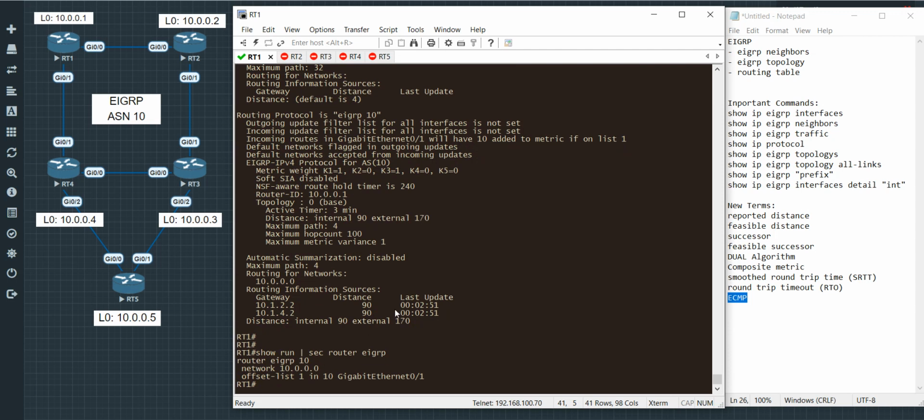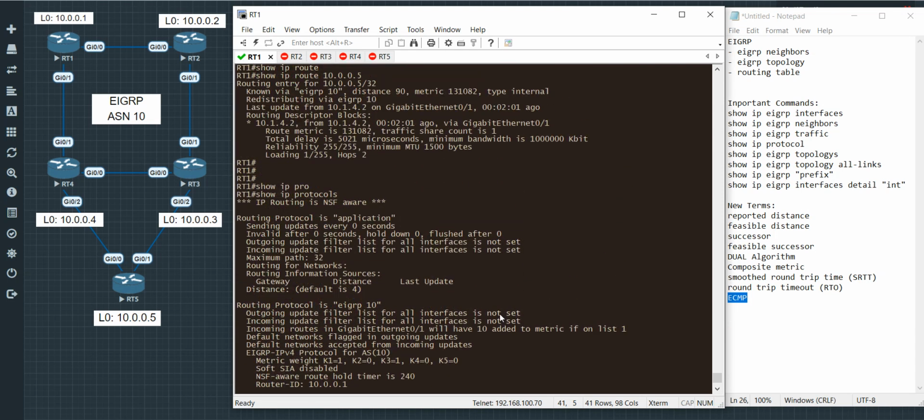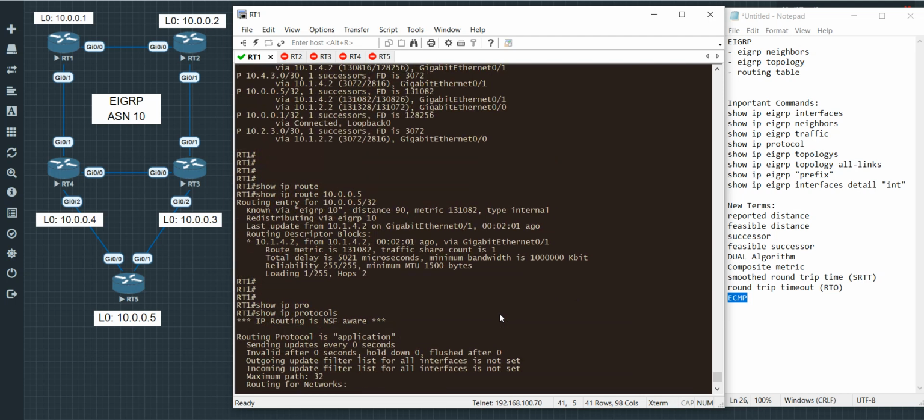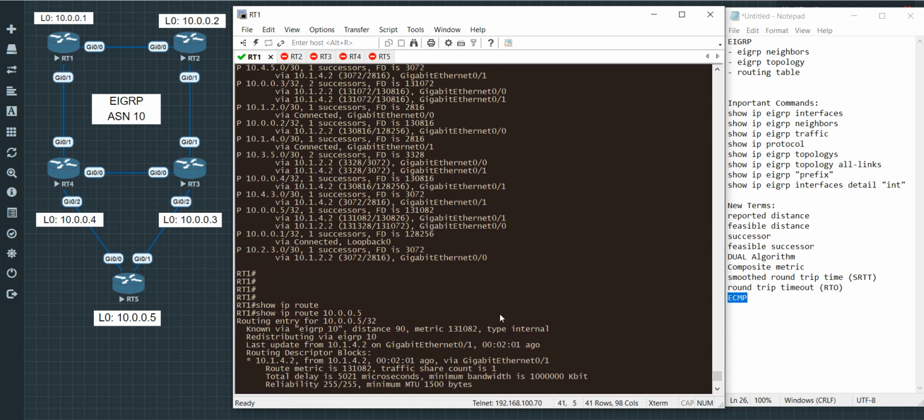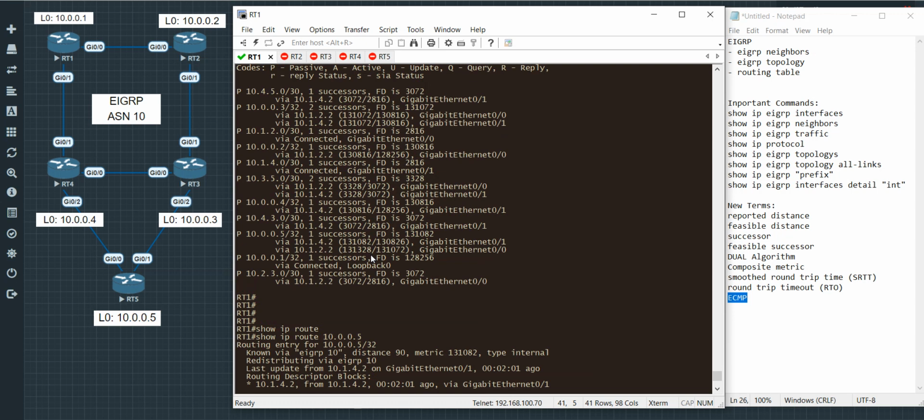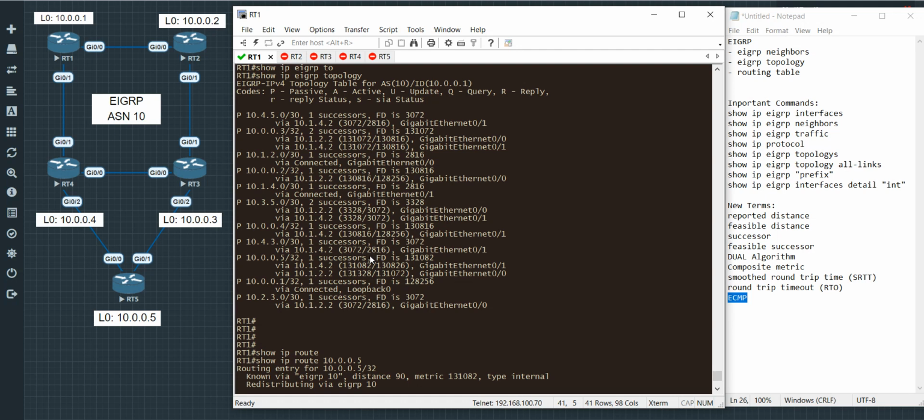Now, before I enter that command, I would like to explain what it's going to do. So, in order for a route to be inserted into the routing table, by default, equal cost paths will be inserted into the routing table. So, for example, this particular entry here in the topology table for 10.0.0.3, the composite metric matches for both of these routes.